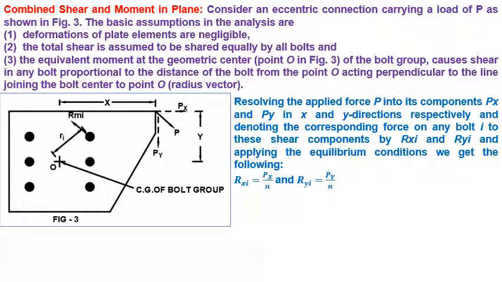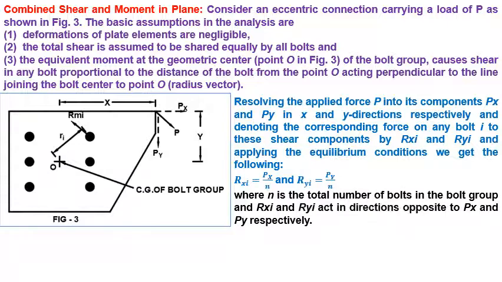So there is inclined force P as shown in figure third. Resolving the applied force P into its components Px and Py in x and y direction respectively, the direct shear components in x direction is Rxi equals Px upon N, and in y direction is Ryi equals Py upon N, where N is the total number of bolts in the bolt group.